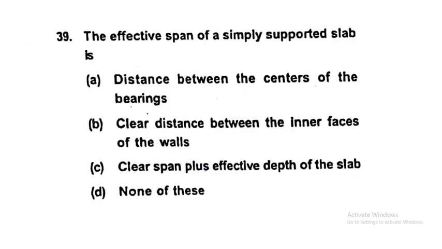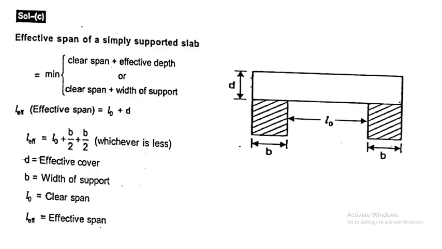Okay, next one. Question number 39. Effective span of a simply supported slab. How will you calculate it for a simply supported slab? First of all, remember, this is a simply supported beam, let me write, simply supported beam or simply supported slab.